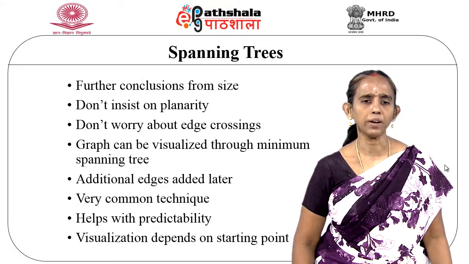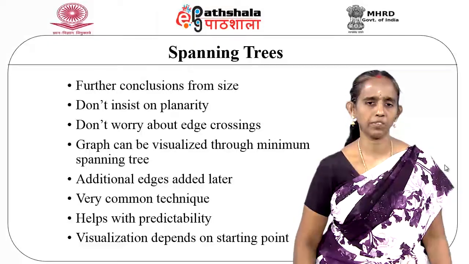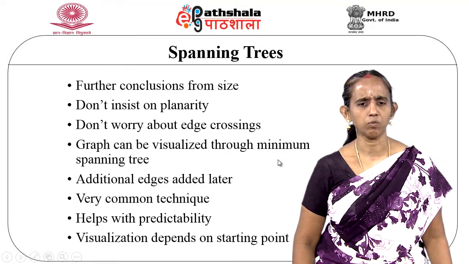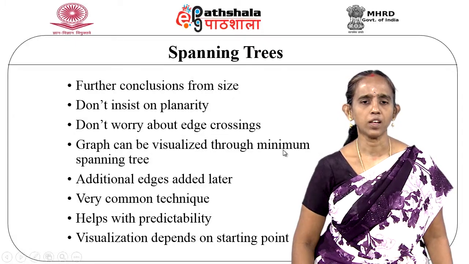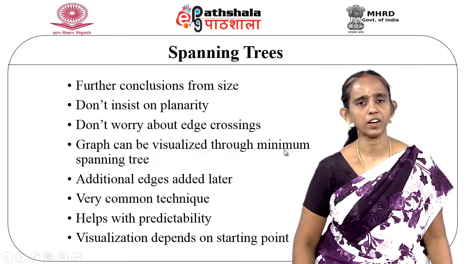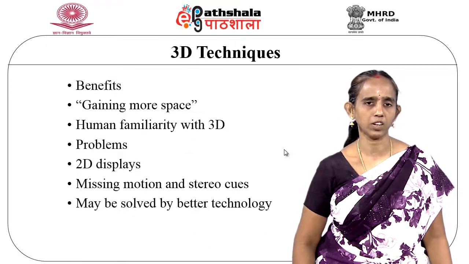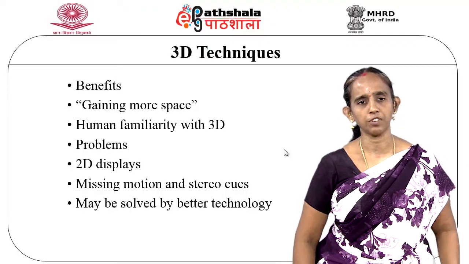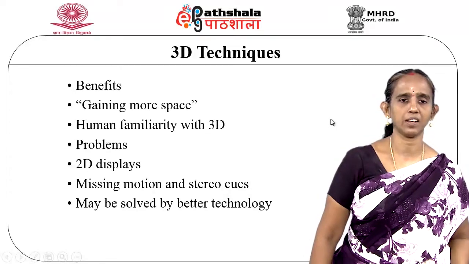It is a very common technique used to represent the entire graph data. It helps to some extent with predictability issues, and the visualization for these spanning trees depends on the starting point. 3D techniques are also applied to visualize the graph data as such.